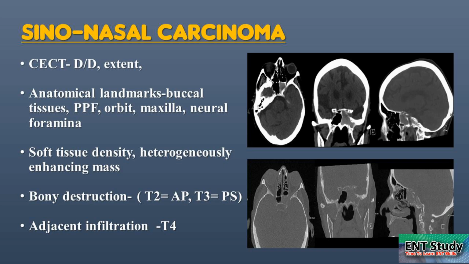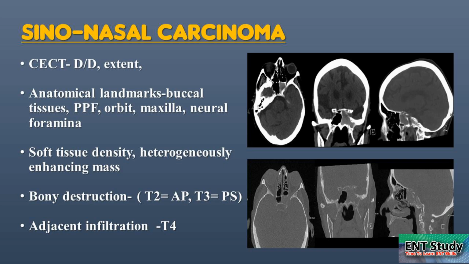Bony destruction is best identified on the bone windows. What is important is if you are looking at only the posterior or just slightly anteriorly, this is a T2 lesion. But if it is going posteriorly and superiorly, then this is a T3 lesion. This is just a very, very small tip. It's very handy. Anterior, anterior-posterior, okay, fine.